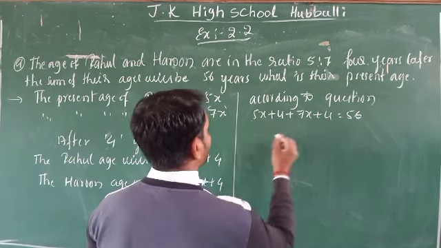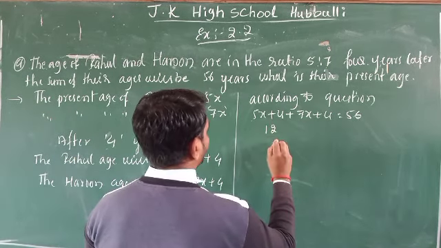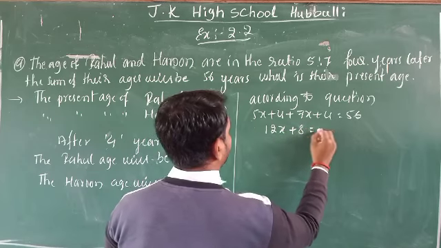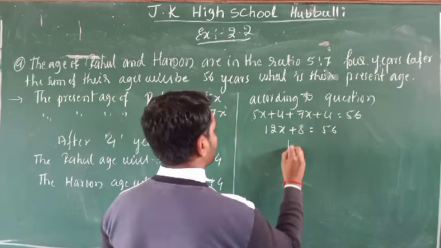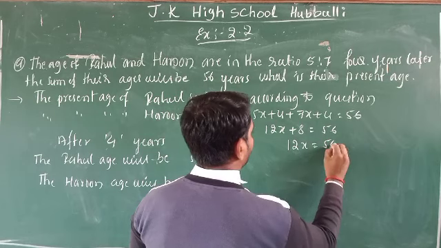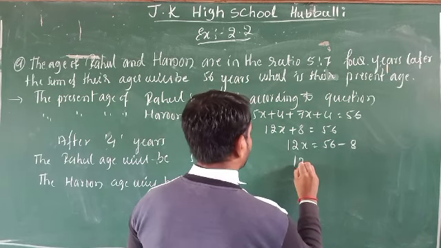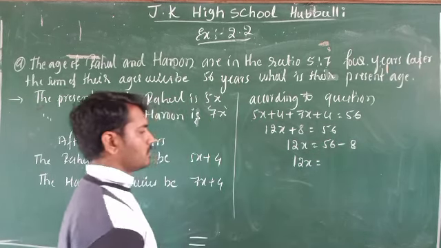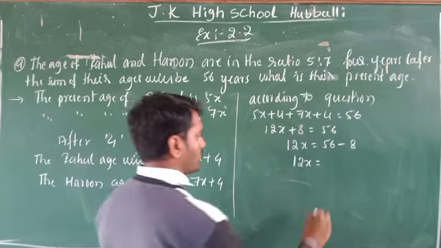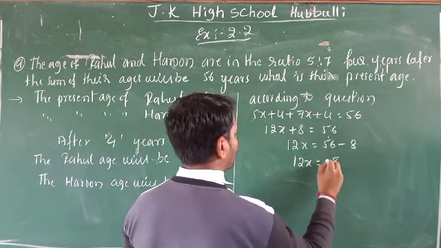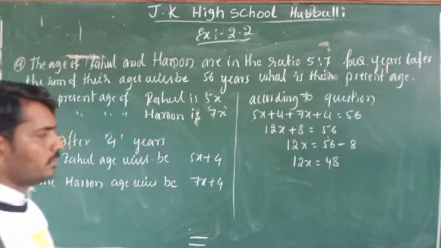Next one. 7 plus 5, 12 will come. 12x plus 8 is equal to 56. 12x is equal to 56 minus 8. Next term. 16 minus 8 is what? 8. 1 carry 48. Correct?